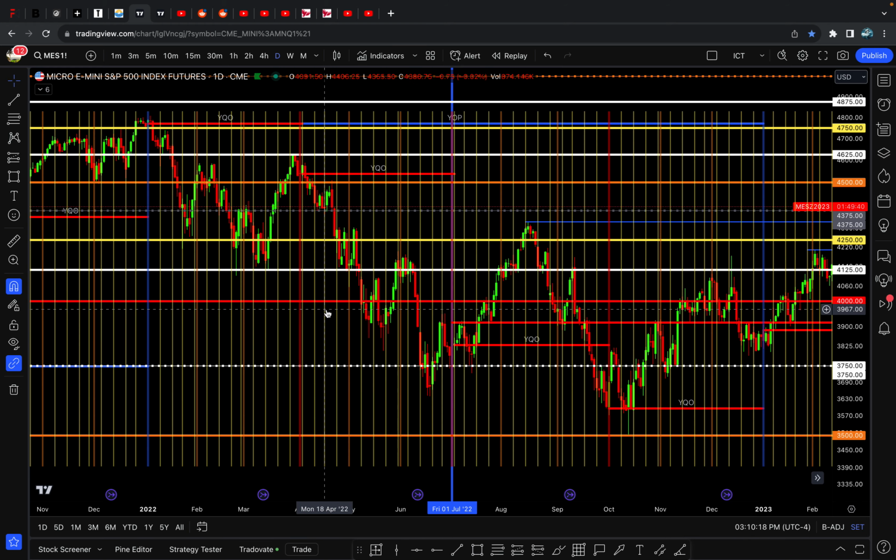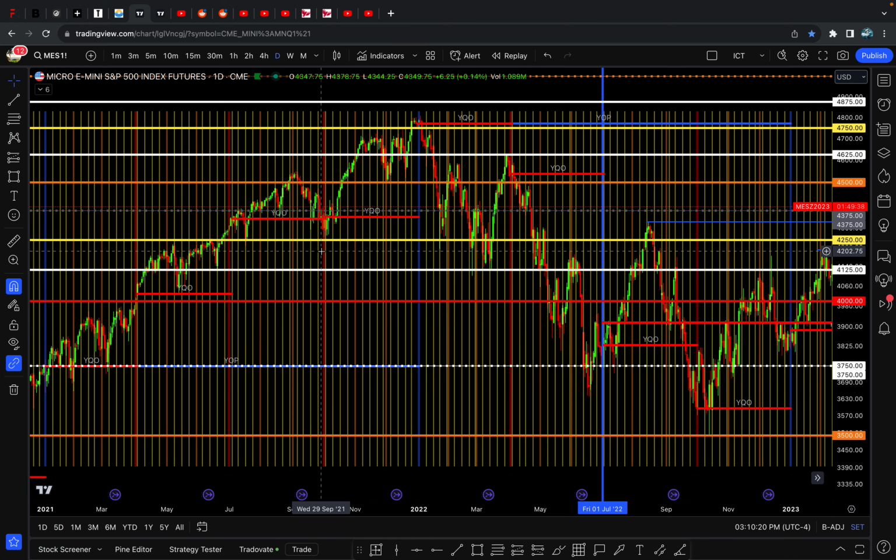So the thing about this level here, this stupid mouse keeps getting in the way. You can see this right here, what I'm showing. See that? The 425,000 level. Look at what happens.